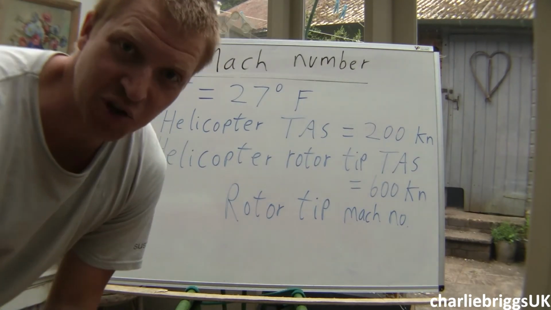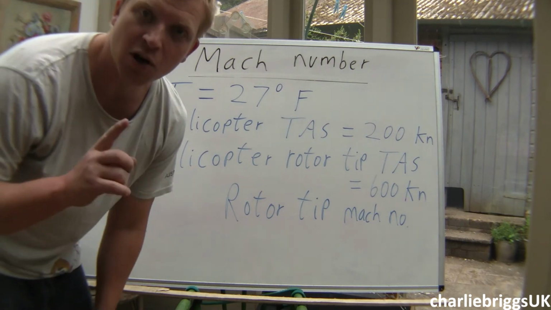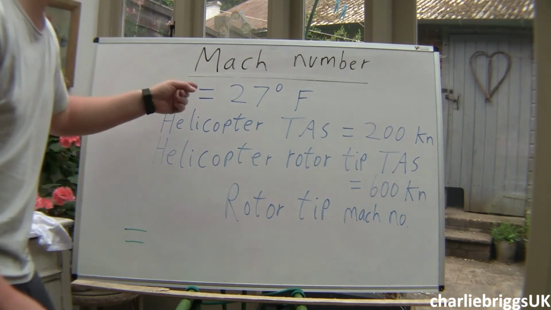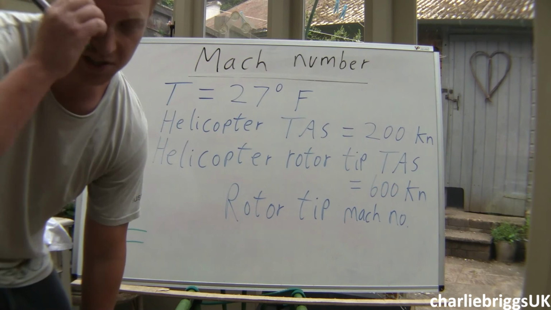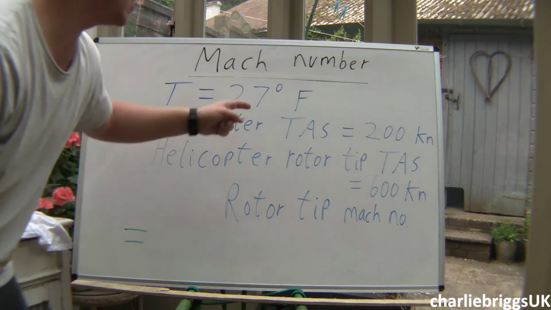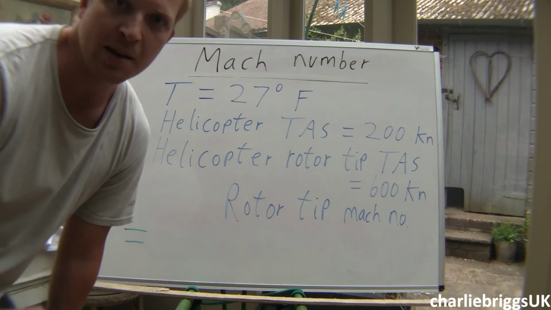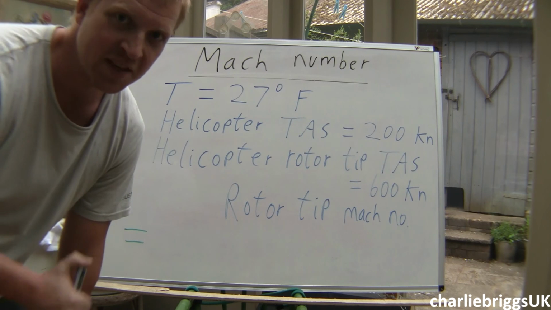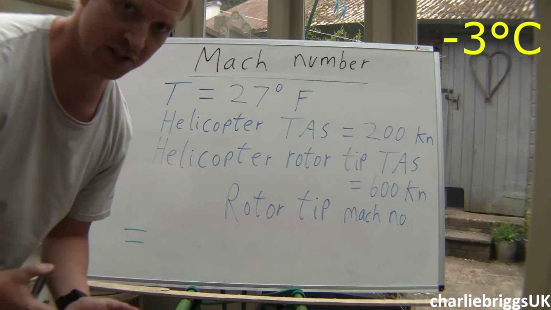Alright, so how did you do? Let's have a look. Remember, first, local speed of sound. The problem is we have Fahrenheit. So change to Celsius. 27 minus 32 multiplied by 5 divided by 9 gives us -3 degrees Celsius.